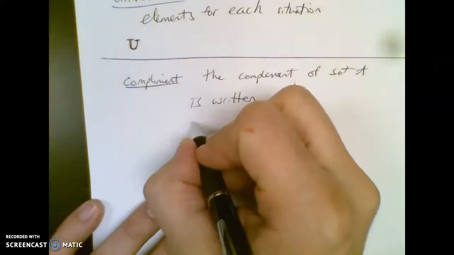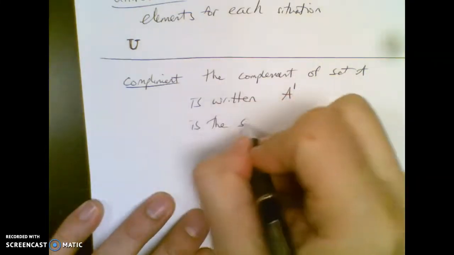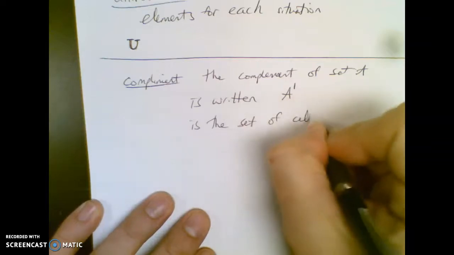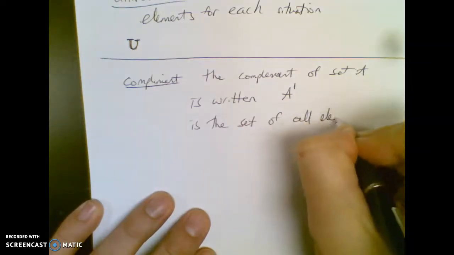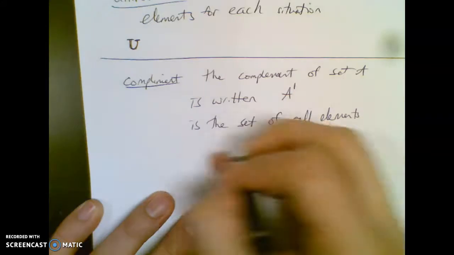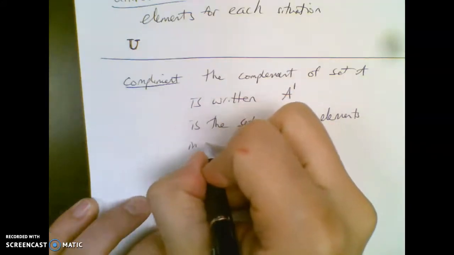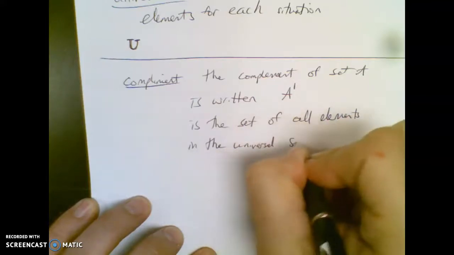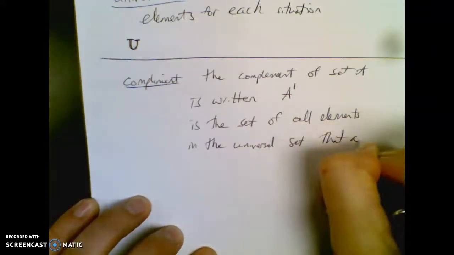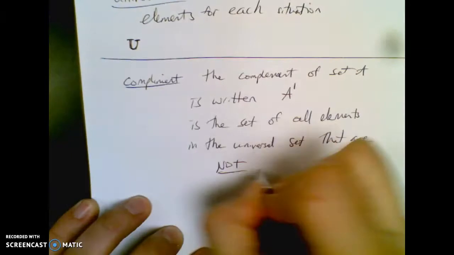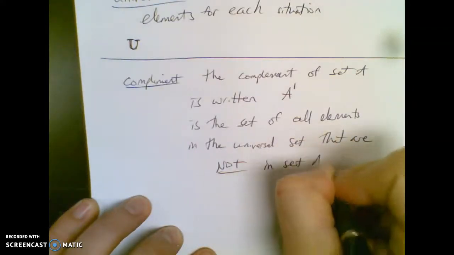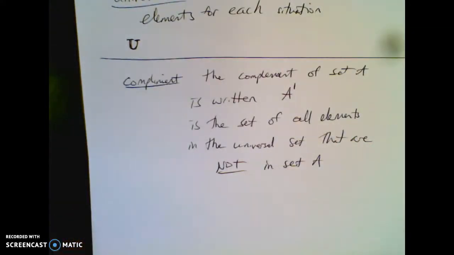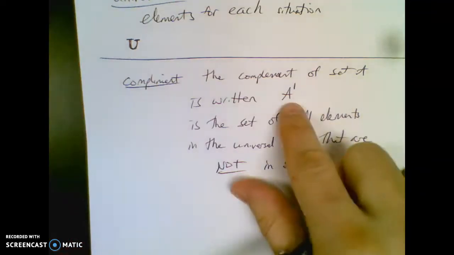And it is the set of all elements in the universal set that are not in set A. So basically it's everything that's not in A. If you see that, I pronounce it A not.